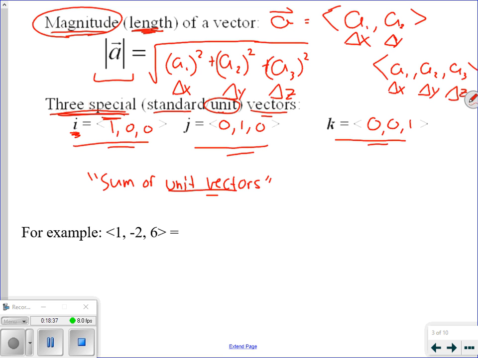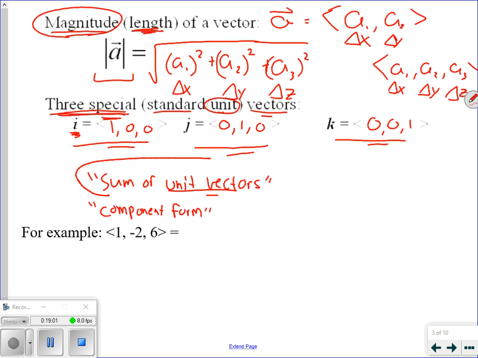This is telling me the change or my position, where I'm at in the X, Y, and Z directions. Right now this is something called component form. This is the form we're used to seeing, when it just writes it as its different components in the X, Y, and Z fashion.